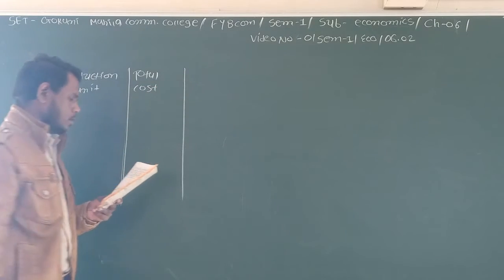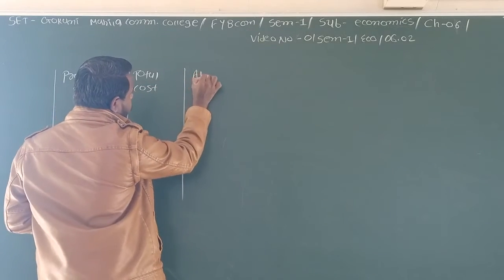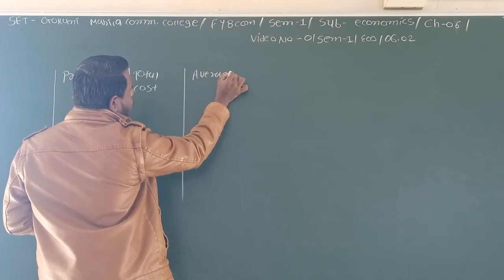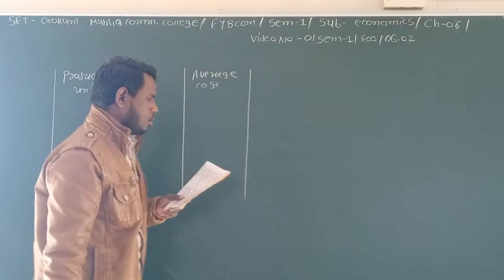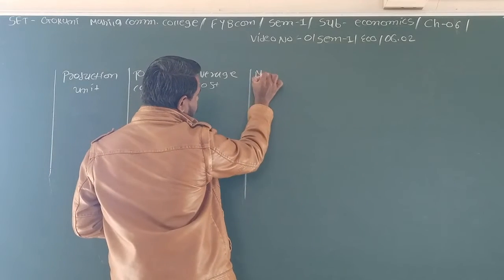The third column is average cost, and the last column is marginal cost.